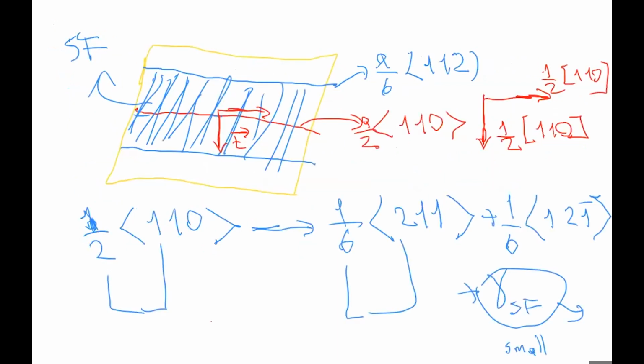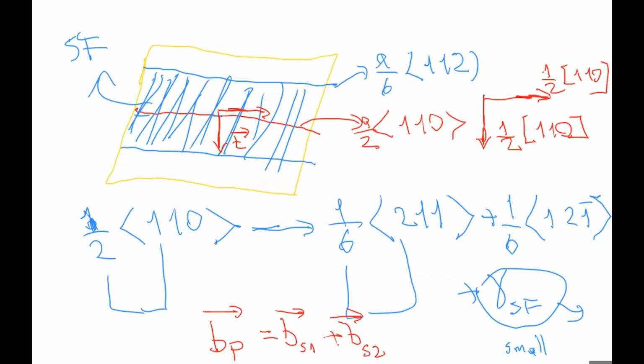And the Burgers vector of the perfect dislocation will be equal to the Burgers vector of the first Shockley partial plus the Burgers vector of the second Shockley partial.